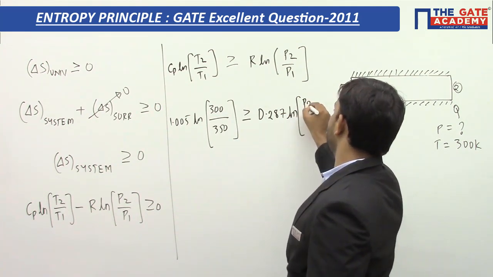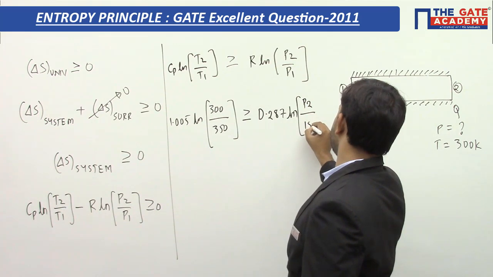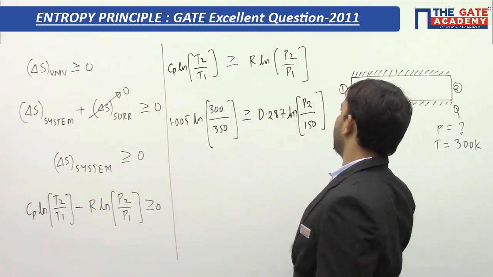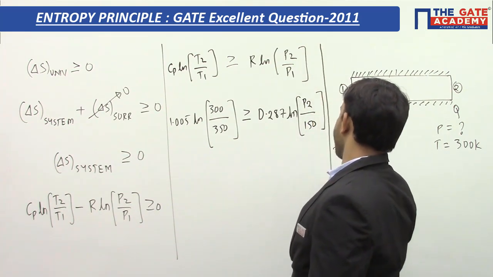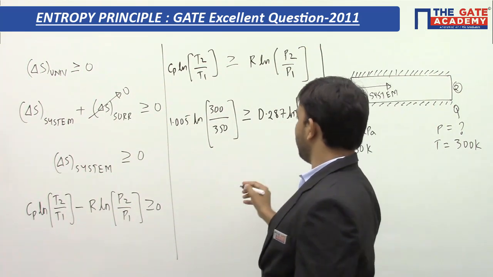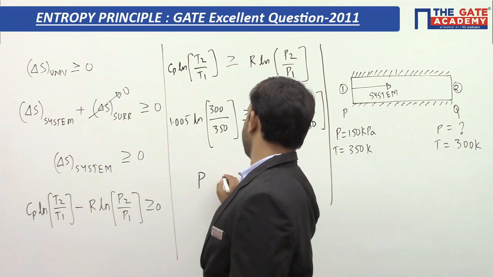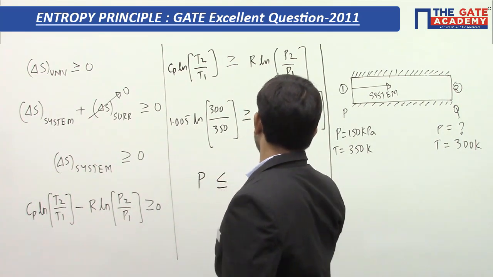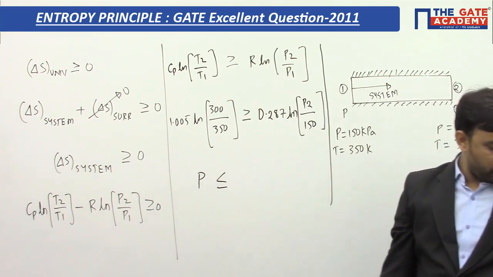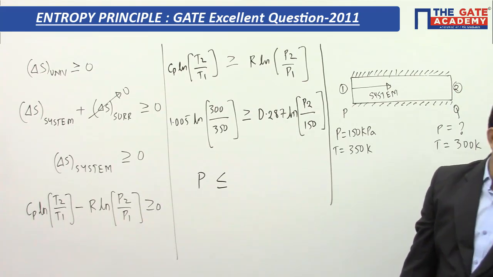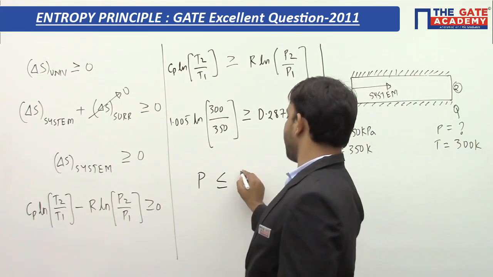So pressure at state 2 is not known, but pressure at state 1 is given as 150 kilopascal. If you simplify this, you will get pressure at state 2 must be less than or equal to 87.43 kilopascal.